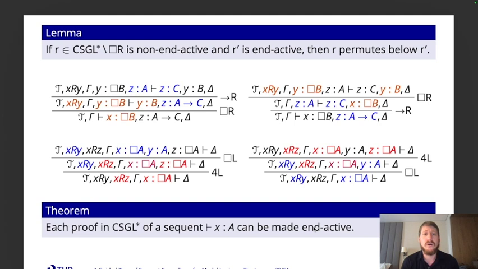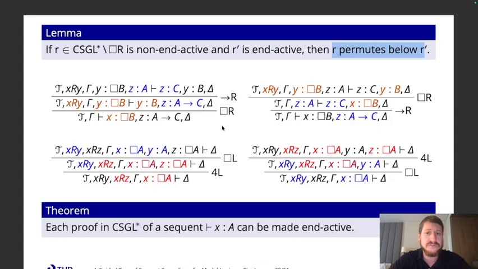Now, what one can show is that if you take a rule from the tree sequent calculus, ignoring the box R rule because it's always end-active by the definition, if R is a non-end-active instance of the rule, and R prime occurs underneath it and is end-active, then you are free to permute R below R prime. I've given a couple of examples here on the slide.